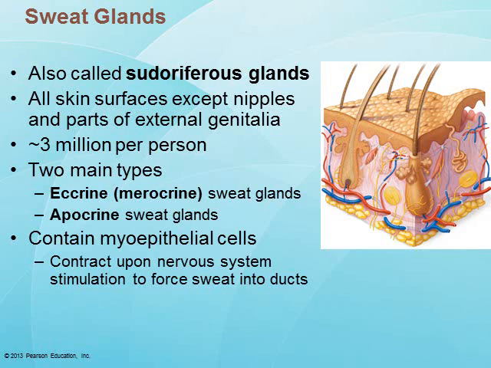Remember, that's the apocrine and eccrine. Okay, so these two different glands secrete sweat to our skin surface, and they have different functions. Normally the eccrine is important for temperature regulation, and apocrine we believe is for sexual attraction.